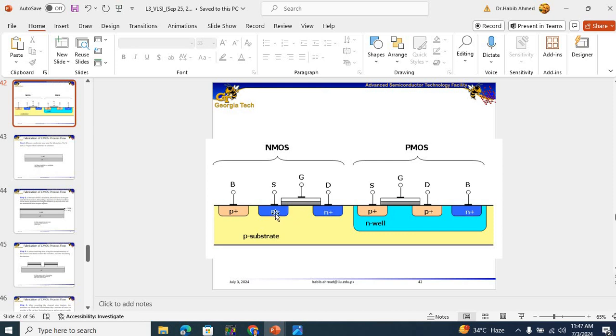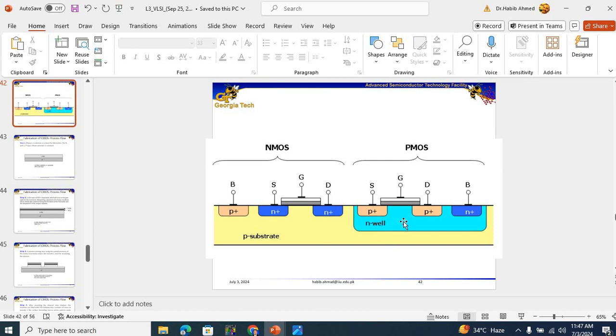So the drain and source should be N-type. Similarly, we have a field oxide, a gate oxide, and then we have a polysilicon gate or a metal gate, where polysilicon gate is preferred due to several fabrication reasons. Now, this constructs an N-type MOSFET.